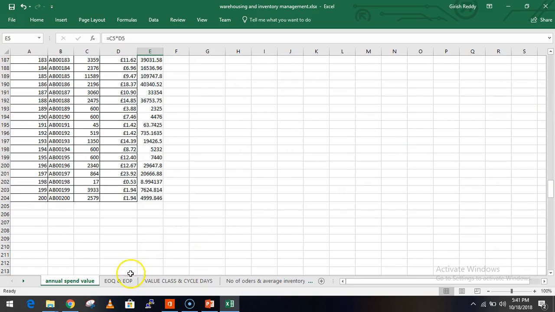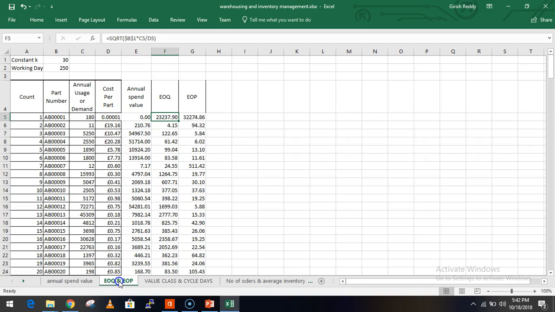So let us look at how to calculate the EOQ and EOP. Here I calculated both EOQ and EOP. Here is the formula you can use for calculating the EOQ, and see what things it involves. Look here, the square root of B1.